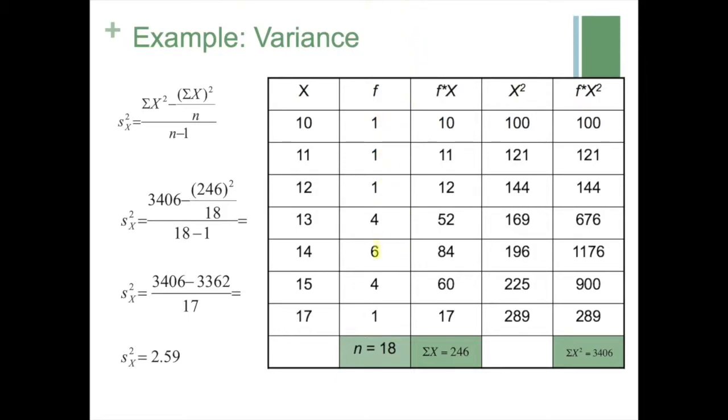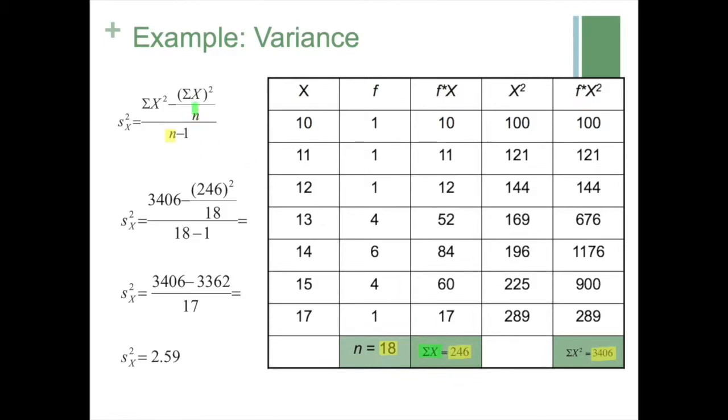This is what our filled out chart looks like, and I will highlight the important parts. So we've done our frequency count here, and we've seen that n is equal to 18. That's our total number in this sample. We have our sum of x's, which is 246, and we have our sum of x's squared, 3,406. We plug these into the equation here, so we can see that n is going to go right here. Sum of x is going to go right up here, and I'll highlight this in a different color.